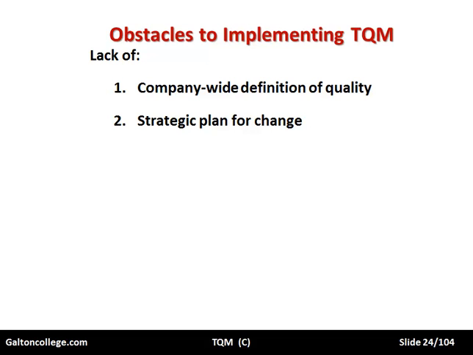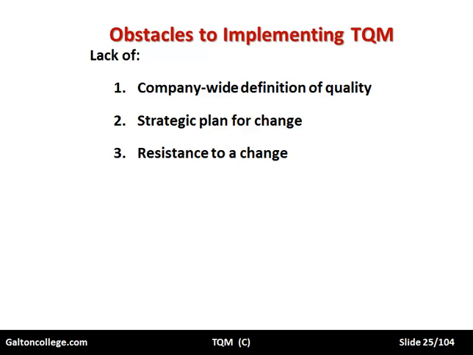Look at the strategic plan and build change into the strategic plan, so that this whole process of continually looking at the business and striving for quality and continual improvement is built into the strategic plan. So the whole organization is behind the initiative to try and improve quality.